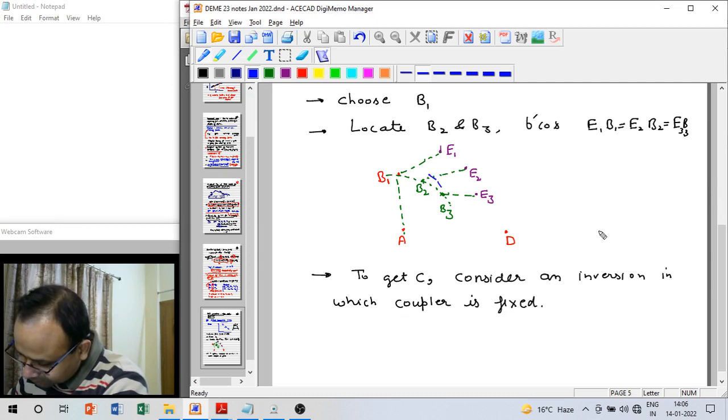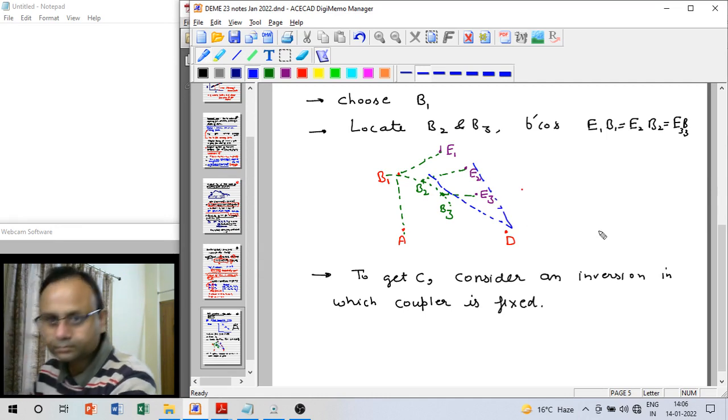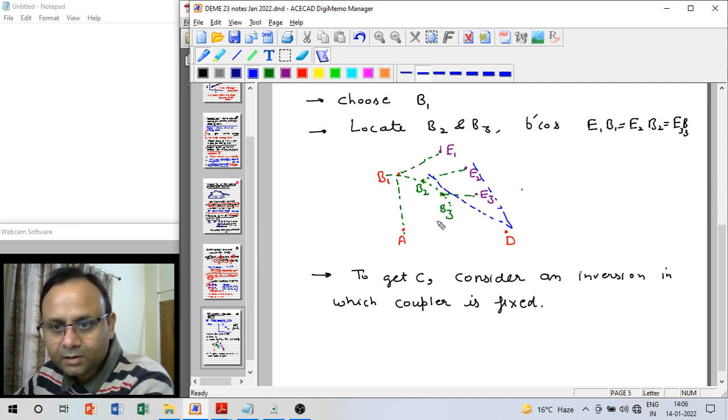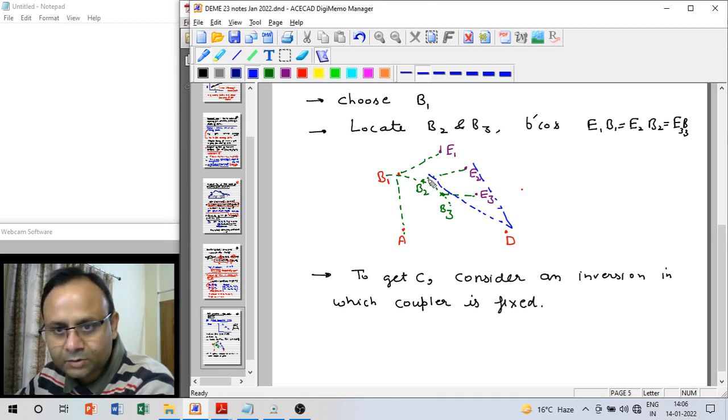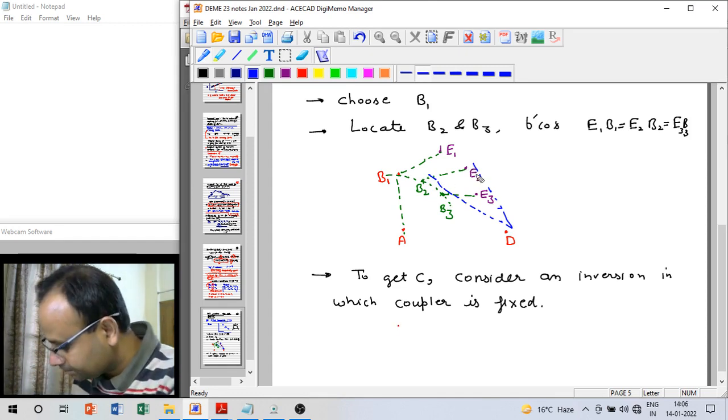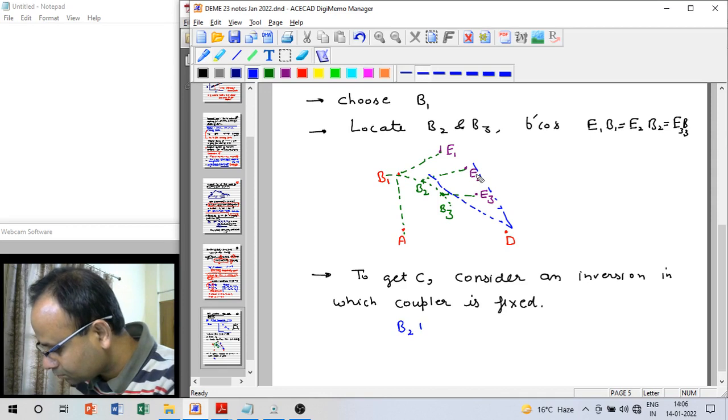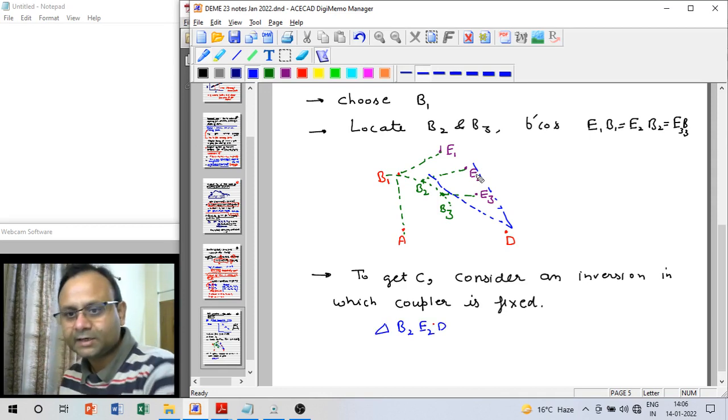They form this triangle. B2, E2, D. We have this triangle.